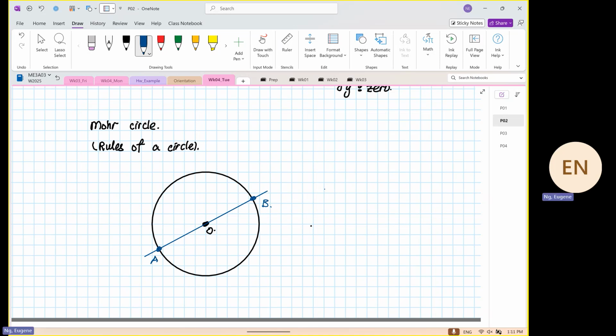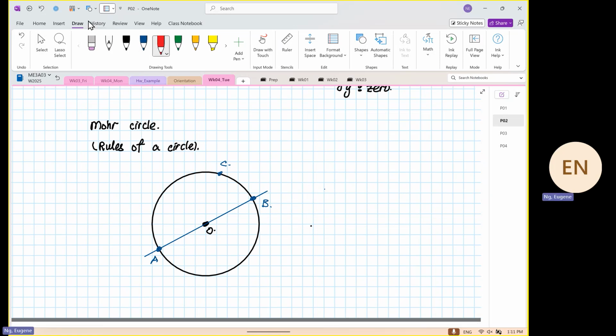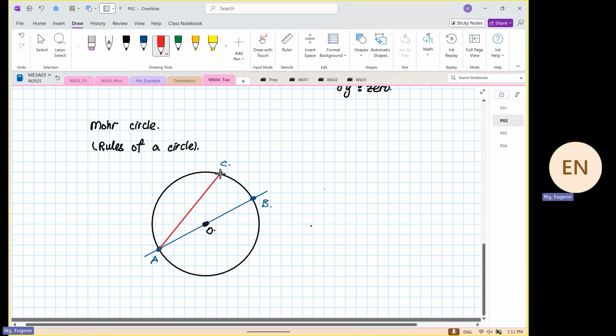And from here, I'm going to pick a point, and this point I'm going to pick is known as point C. After picking point C, I'm going to draw a line from point A to join point C. And then from point C, I'm going to join to my point B. And if you have done that, it's always a fact that this is equal to 90 degrees.